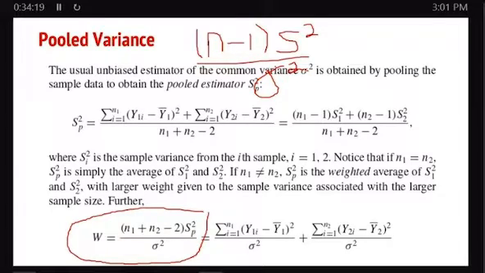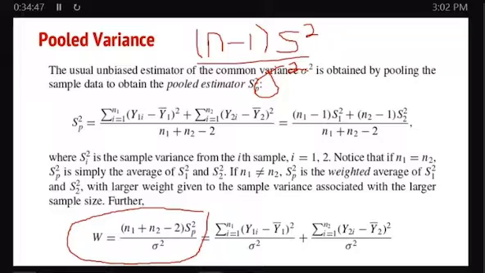That is adding the degrees of freedom for the two groups, which gives you n1 plus n2 minus 2. Then what will now be the sample variance? The sample variance is going to be a pooled variance, because I'm talking about two groups. And the population variance is going to remain the same, sigma squared. Take a look at that.